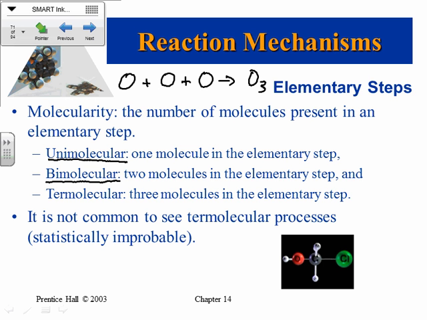A termolecular step would be all three of these oxygens colliding with one another at exactly the same time. Now, the likelihood of that happening, not very likely for these three collisions to all happen simultaneously. And that's how it would have to happen to form the O3. So that's why the termolecular step doesn't usually occur. Okay?